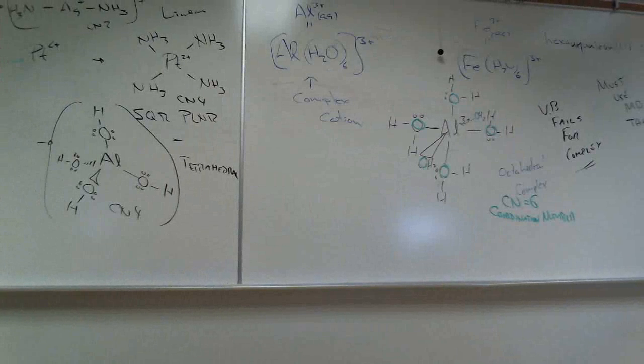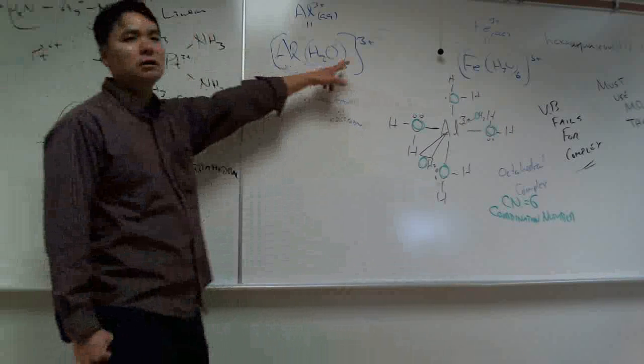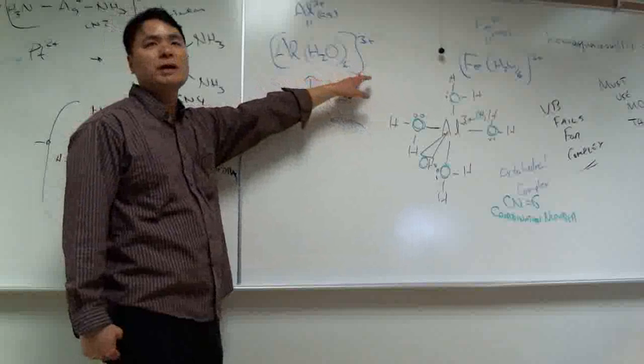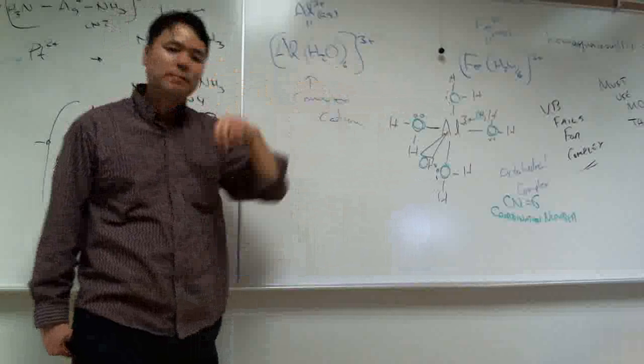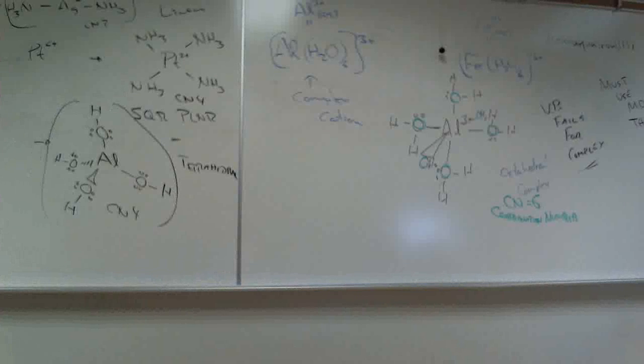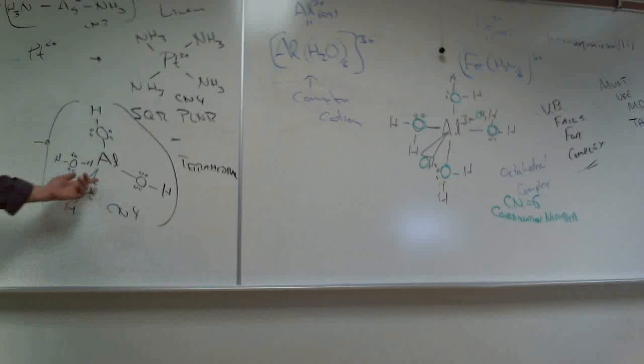So we need to know the funny names for these, like amine, aqua, and we have other Lewis bases. And so the first step is to look at the Lewis bases and then see how you name the Lewis base and how you name these complexes. The next thing we look at is the metal.